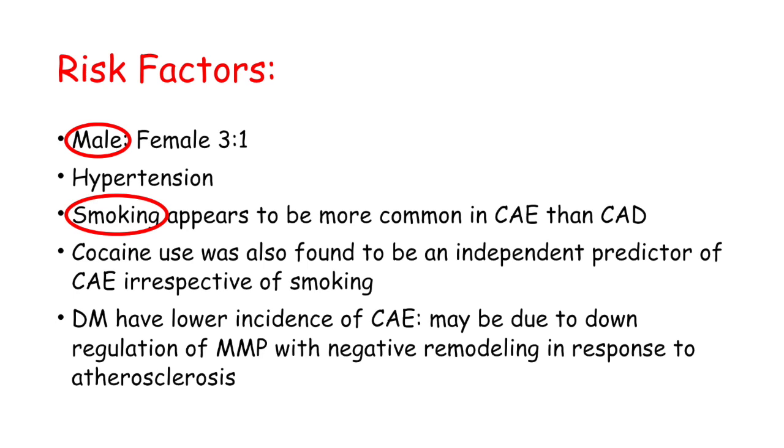And usually diabetic patients have negative remodeling rather than positive remodeling. Negative remodeling means the vessel shrinks down. That's why diabetic vessels are very small vessels. They have diffuse small vessels, so they don't really grow up. So usually diabetics have less risk of having ectasia than smoking men with hypertension.